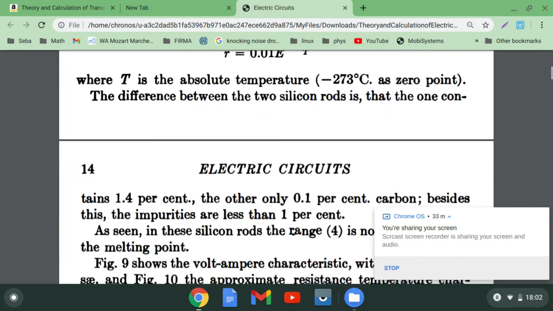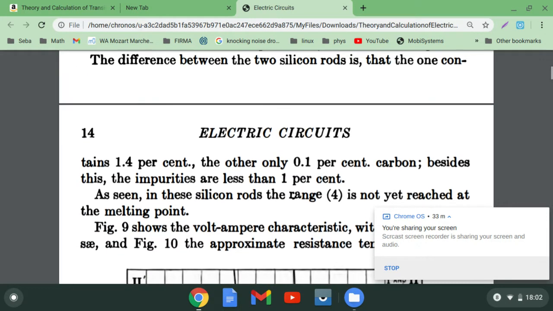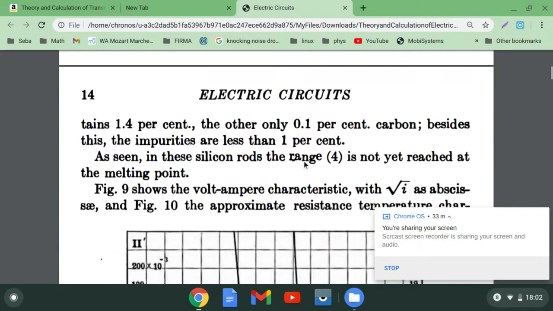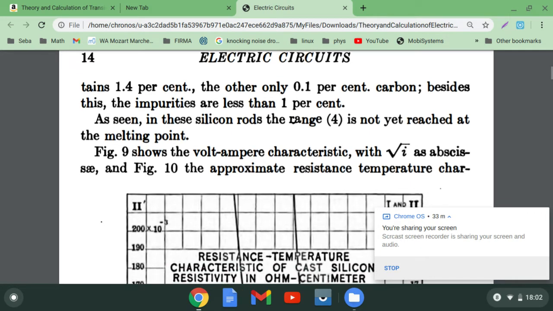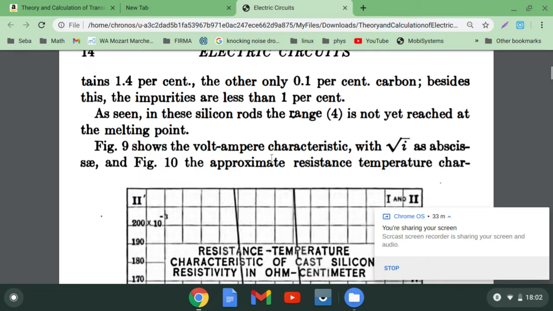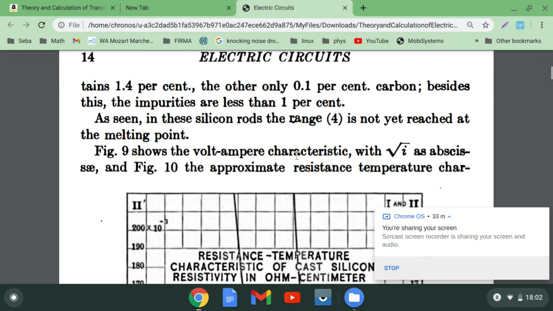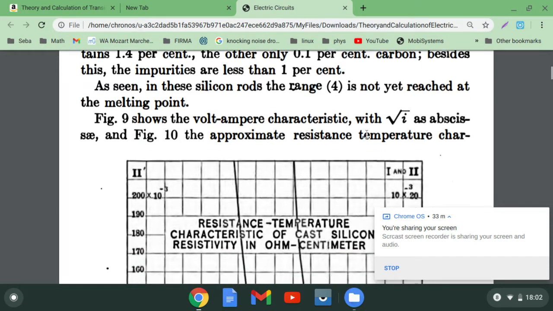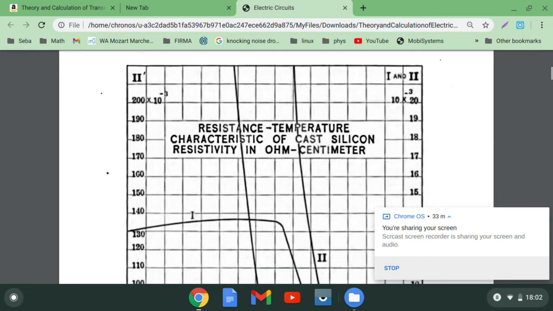The difference between the two silicon rods is that the one contains 1.4%, the other only 0.1% carbon. Besides this, the impurities are less than 1%. As in these silicon rods, the range 4 is not yet reached at the melting point.